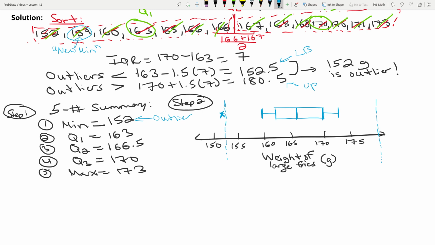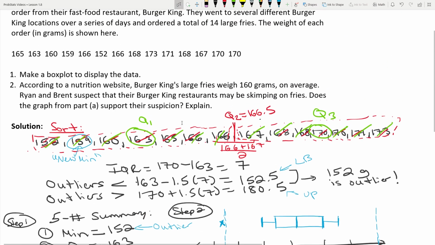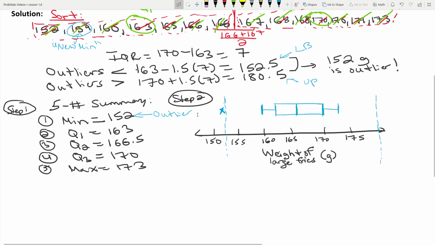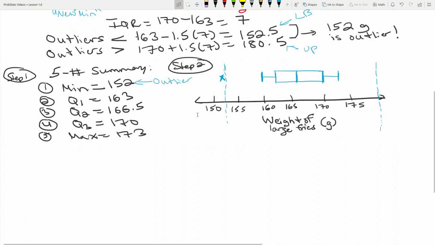All right, so then to answer the second question, according to the nutrition website, does the graph from part B support their suspicion about the claim that Burger King's large fries weigh 160 grams on average? Well, no. From the box plot, the first quartile is actually 163 grams or more.